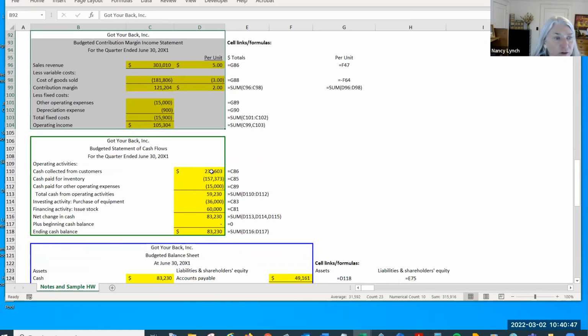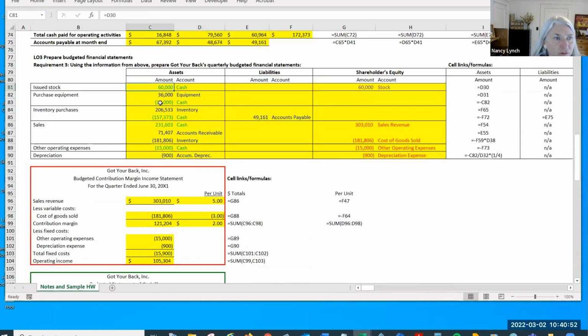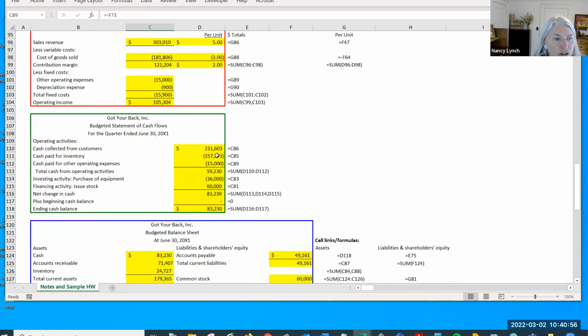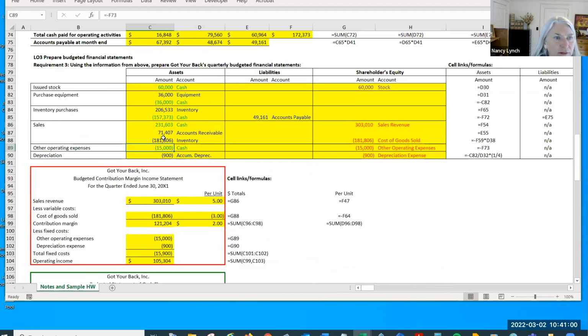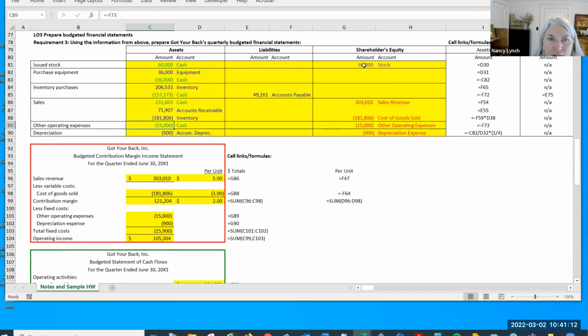All right, cash flows. All those are right. Every time you see the word cash, that goes on our statement of cash flows, so those are all linked to our cash. Balance sheet is just tally up what you have. We got our cash right off our cash flows, then figure out your receivables, your inventory, your equipment, and accumulated depreciation. Here's your liabilities. And then shareholders' equity: it's your stock, and then retained earnings.